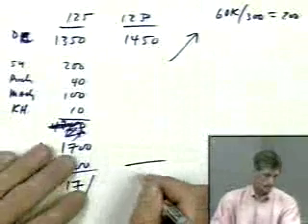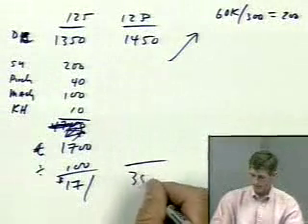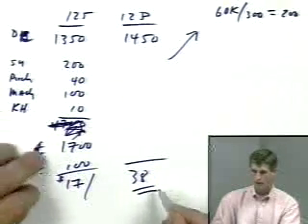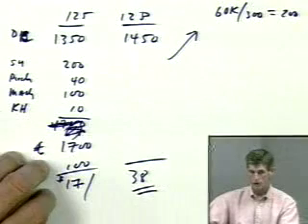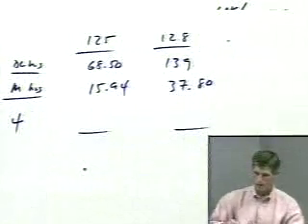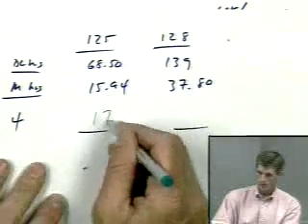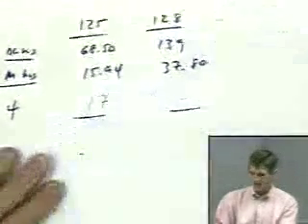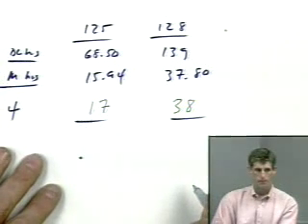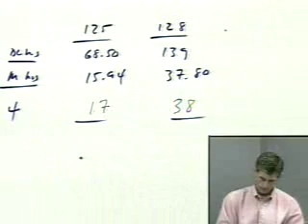So the total, then, doing the same process for item 138, we get a cost of 38. Questions? Okay, going back to our table here. The cost, if we use 4 cost drivers, is 17 for that, 38 for 128.